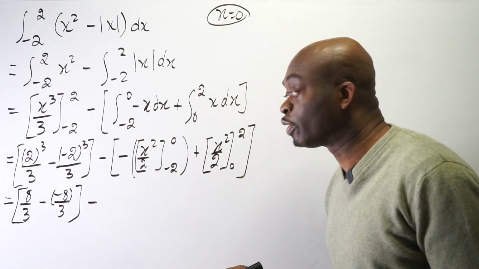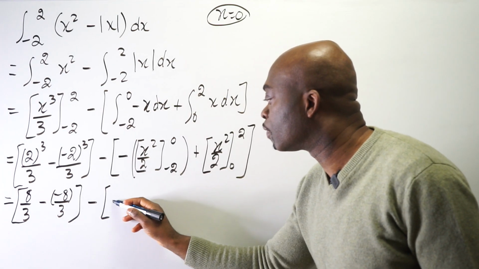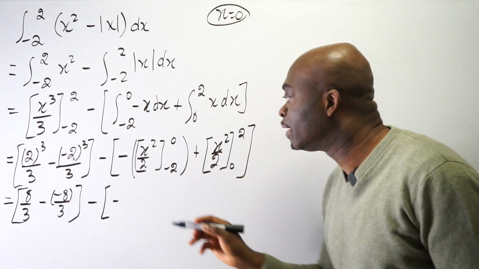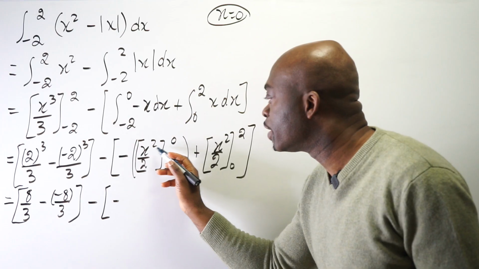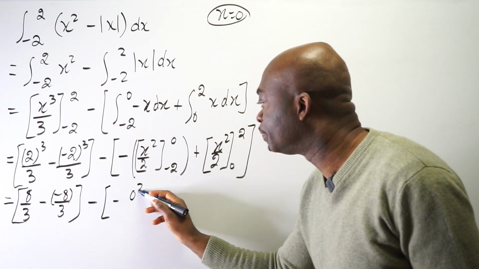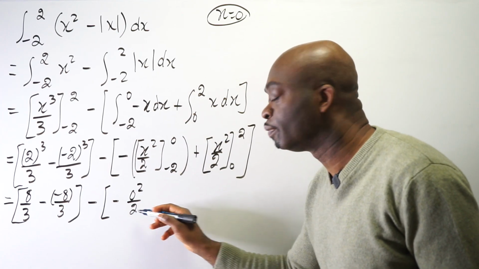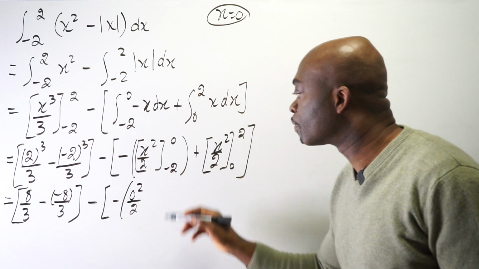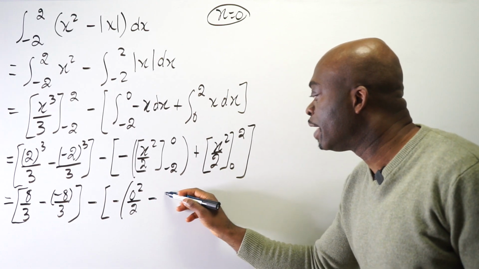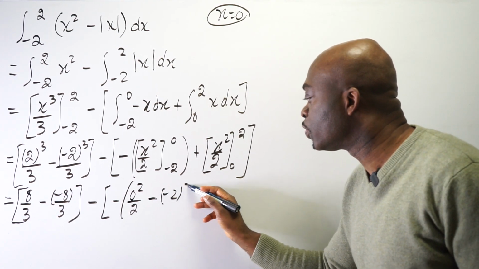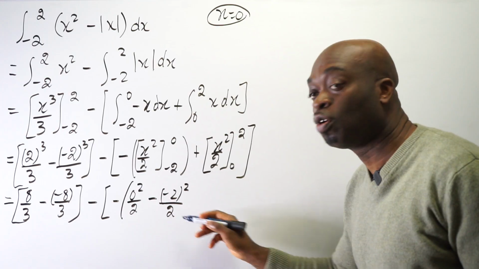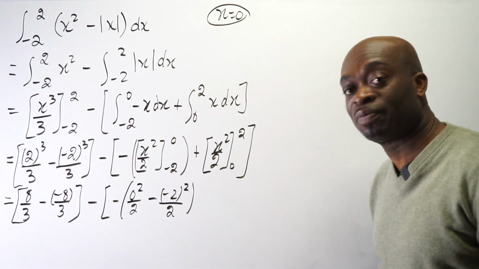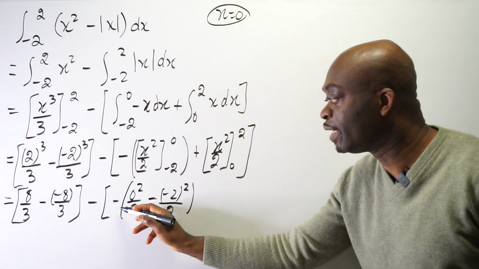So what's happening for this one? We still have our minus sign outside. So this one here is going to give us what? 0 to the second power over 2, all right? Then minus, then we have negative 2 to the second power over 2. We close the parentheses because of the minus sign here.